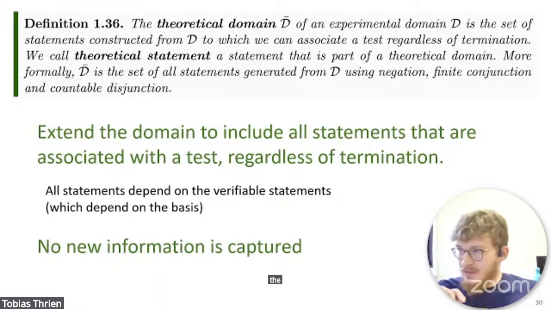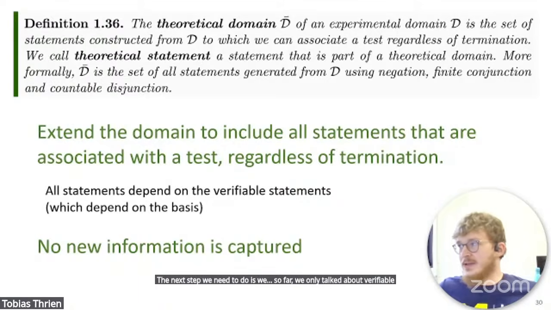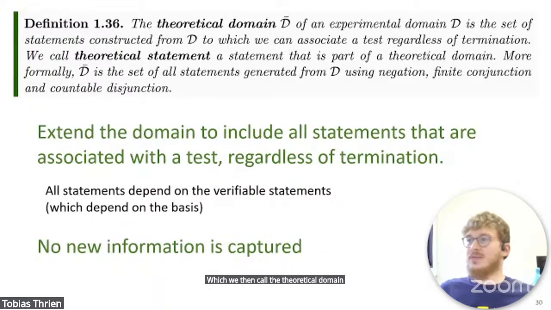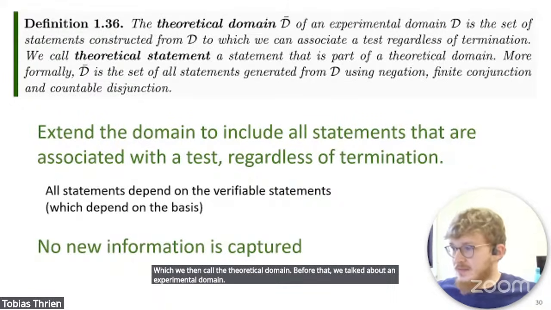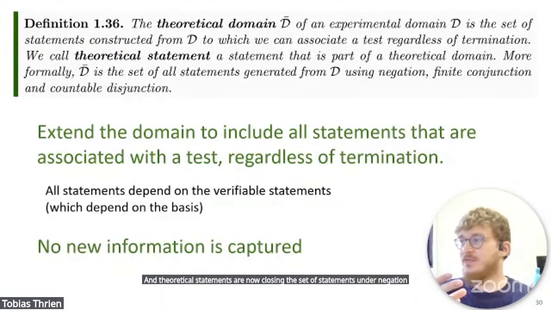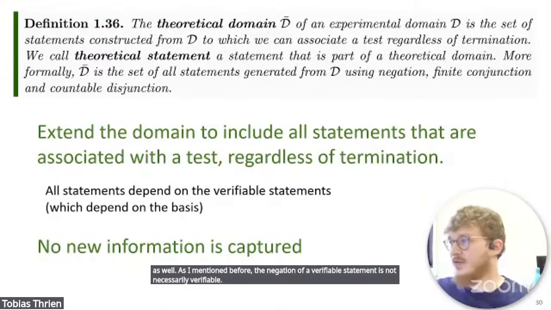The next step we need to do: so far we only talked about verifiable statements. There are still more statements that are not verifiable but still meaningful, which we then call the theoretical domain. Before that, we talked about an experimental domain. And theoretical statements are now closing the set of statements under negation as well. As I mentioned before, the negation of a verifiable statement is not necessarily verifiable. It might only be falsifiable.